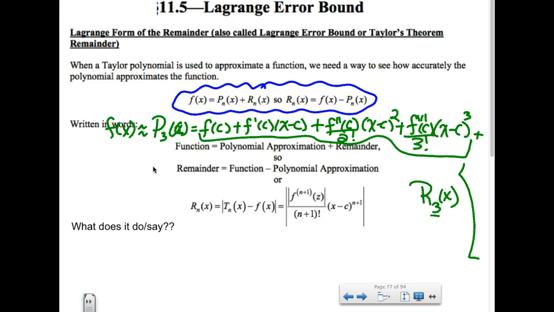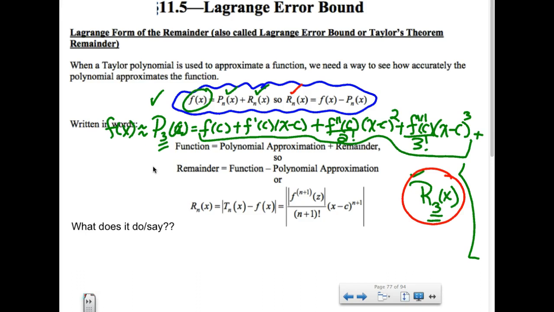And again, the subscript is giving me the degree of the polynomial that I'm using, so keep that subscript in mind. So what I know is that my polynomial plus my remaining terms after the third degree polynomial will equal f of x. And what we're primarily concerned with is this section. We want to know what that remaining chunk will be, the missing piece, otherwise known as my error.